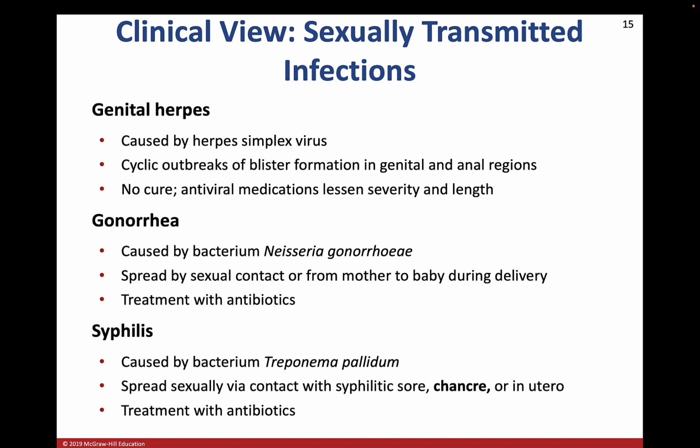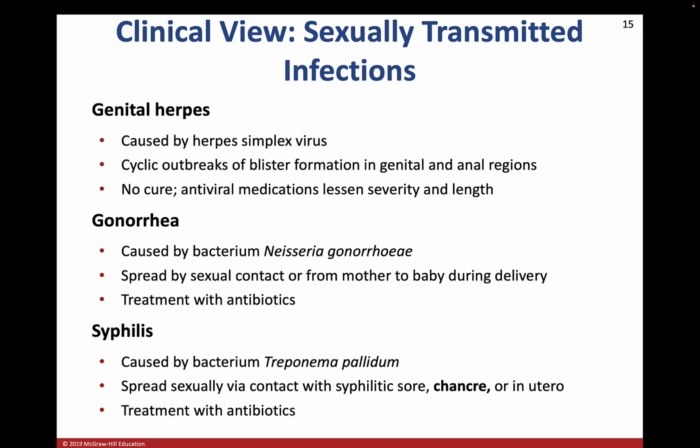It is spread by sexual contact or from mother to baby during delivery. As it is a bacterial infection, it also can be treated with antibiotics, but as noted previously, the current strain of gonorrhea that is most prevalent is resistant to antibiotics currently used.